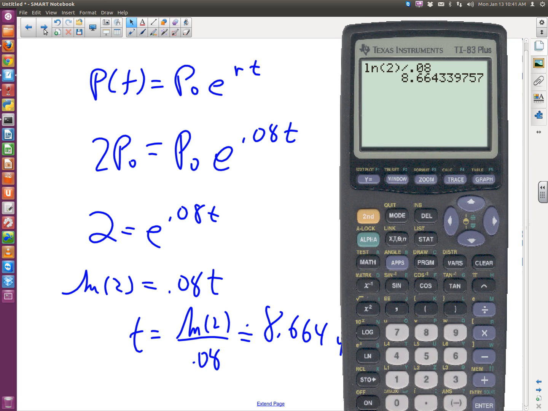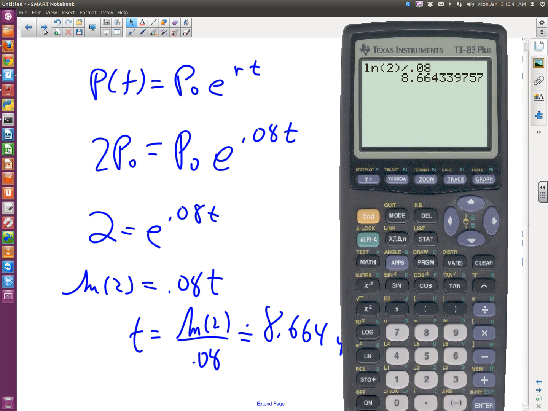What's nice about an exponential function is that the doubling time is always the same. Or the half-life is always the same. You ever hear of half-life? What if I have a radioactive substance? I have 1,000 grams of it, a kilogram, and the half-life is 10 years. What does that mean? In 10 years I end up with 500 grams, half of it.